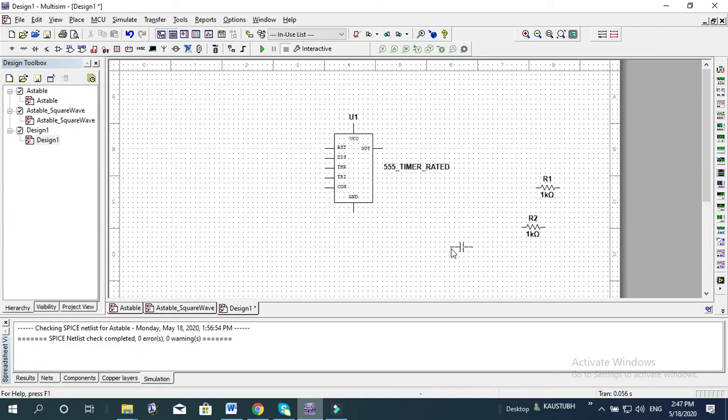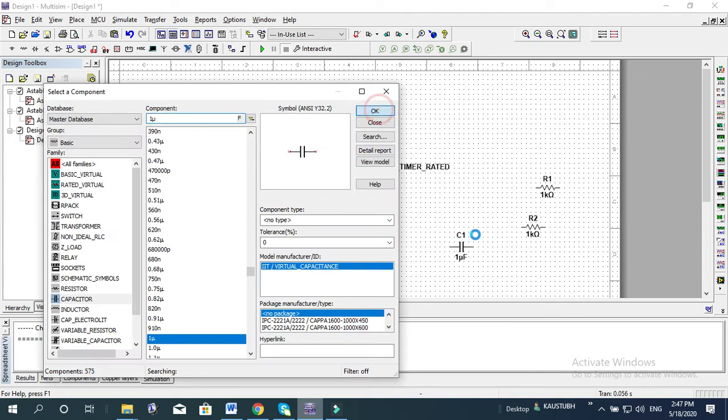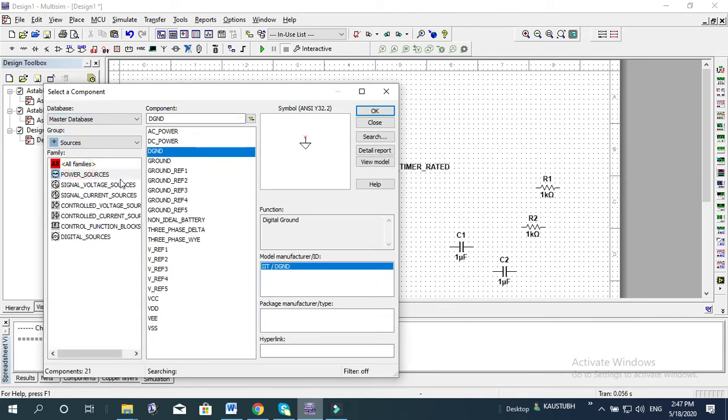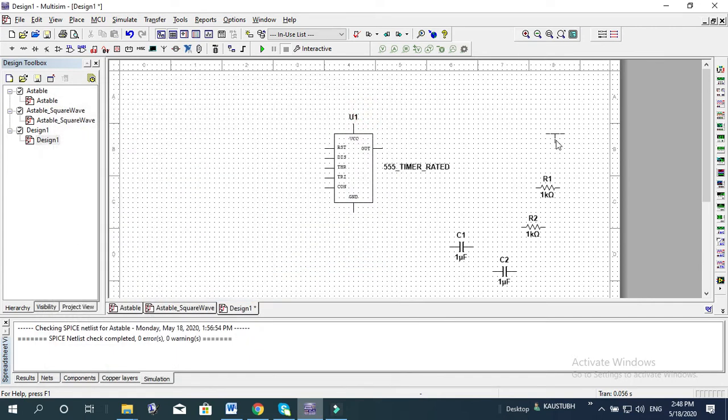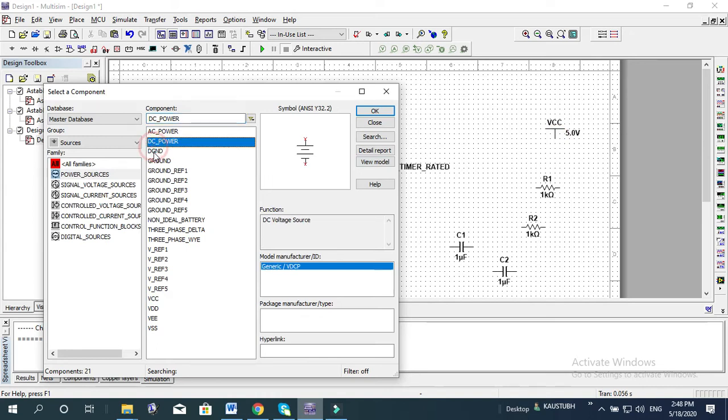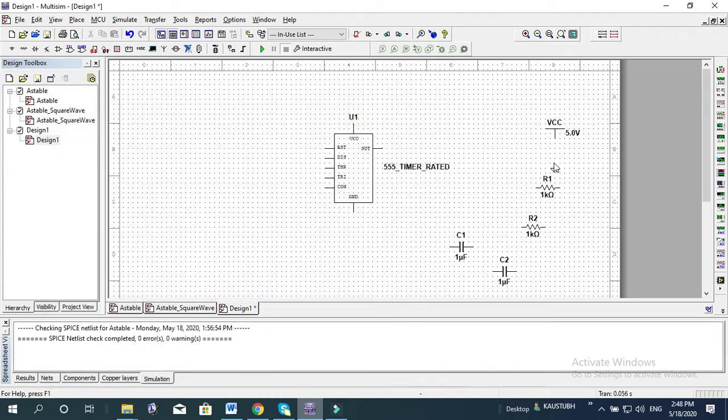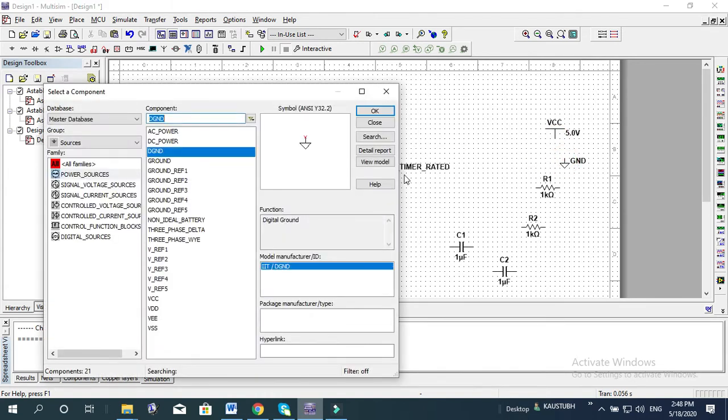Values will change later on. This is one, and one more capacitor. Then from the power source, VCC is required. So VCC, then ground is required, and that's it. Okay, so these are the things required.